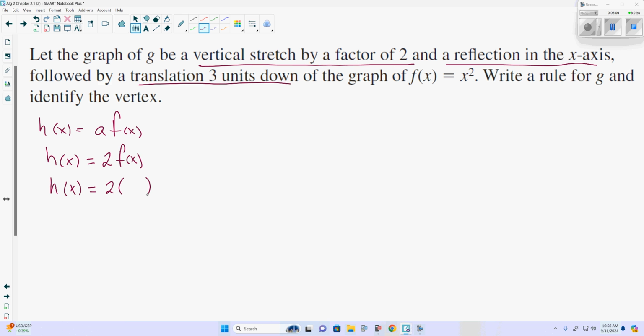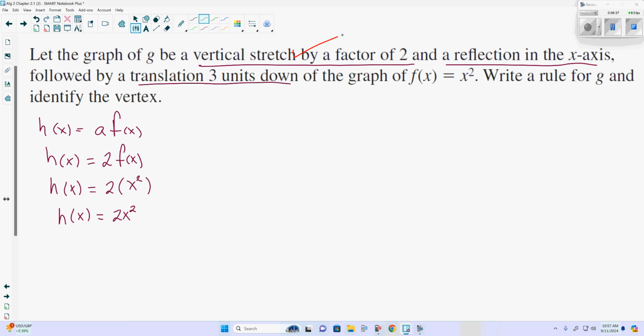And f of x is just x squared, because it told us the graph of f of x equals x squared. The last thing for h of x is we multiply this, giving us 2x squared. Questions on our vertical stretch of 2?